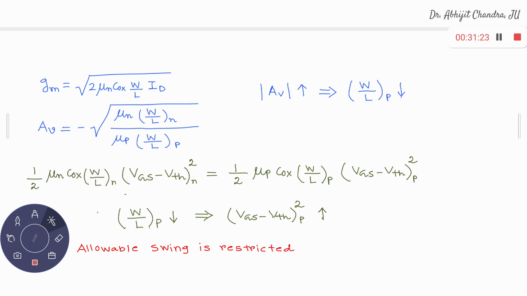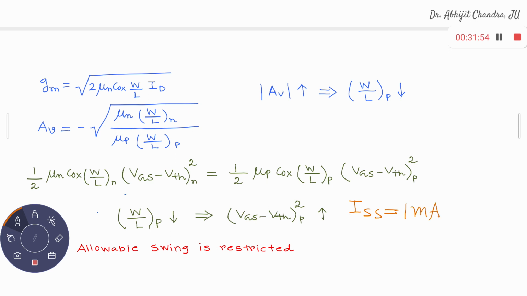Right? Now suppose I would like to have all these three features: high gain, stable gain, and at the same time the swing is also not restricted. Right? So what do you need to do? What is the bottleneck here? I can reduce W by Lp, but the current is fixed. Suppose, for example, I am having ISS equal to 1 milliampere.